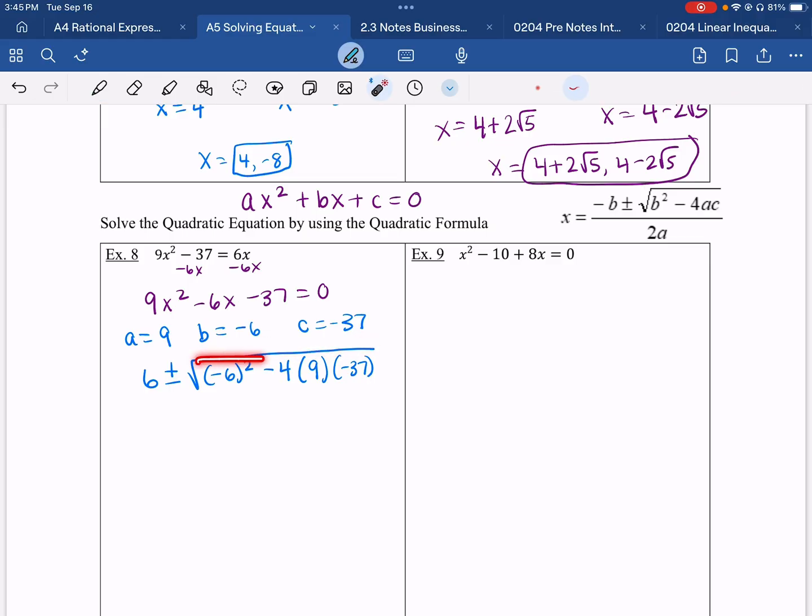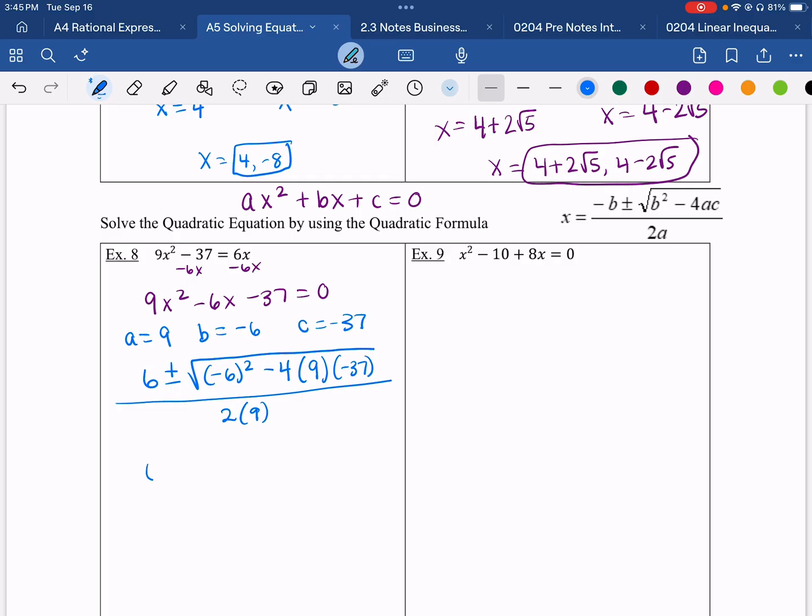If I stop my square root here, I'm going to get it wrong. Draw my line all the way over. My line takes care of the whole thing. If you only draw it part way, that's wrong. All the way over 2 times a is 9.